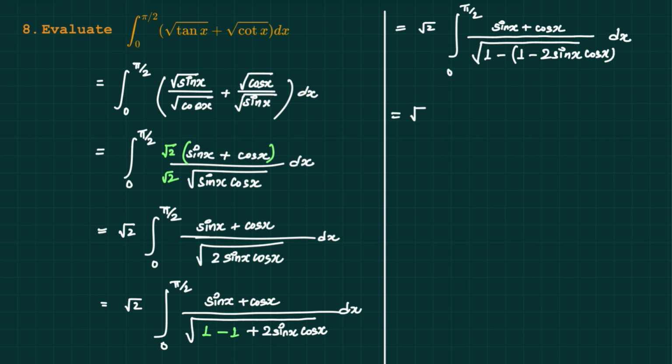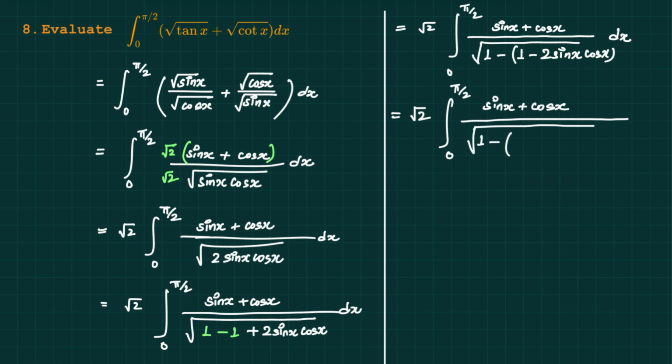Equals square root of 2, 0 to pi by 2, sin x plus cos x whole divided by square root of 1 minus, now instead of that 1 we can write sin square x plus cos square x minus 2 sin x cos x, dx.